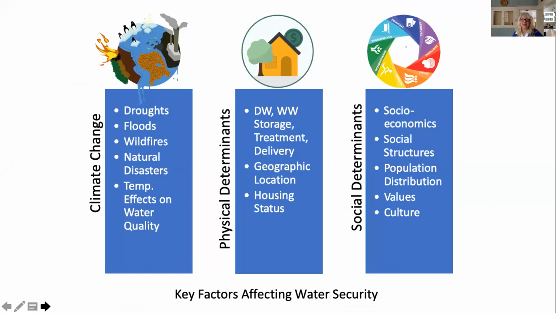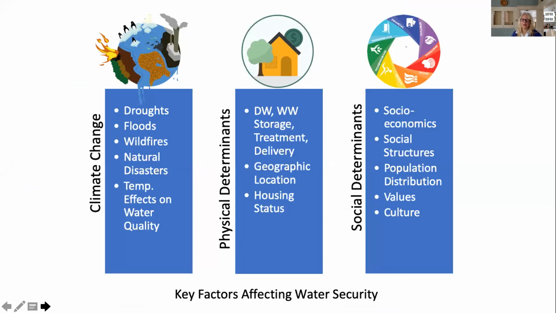When reviewing water security literature, there are some key factors that affect drinking water security. They range, of course, from droughts to floods, wildfires, natural disasters of any sort, as well as temperature effects on water quality.